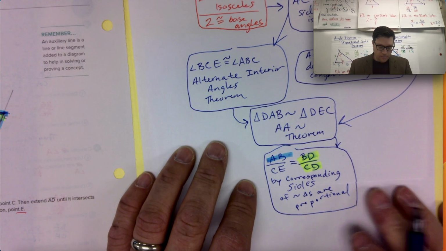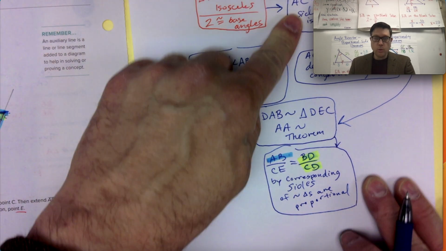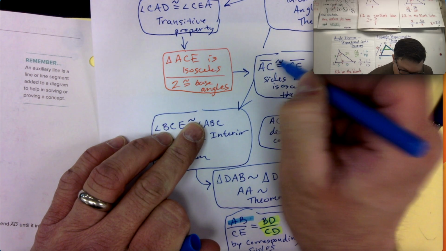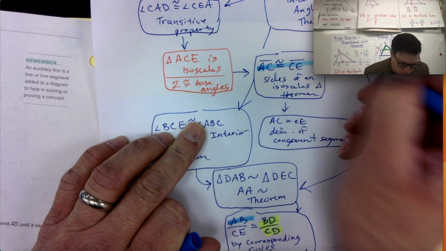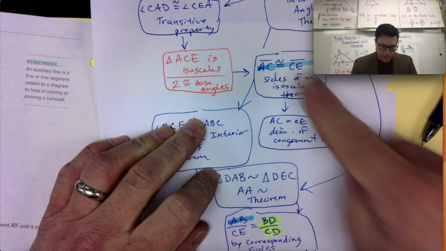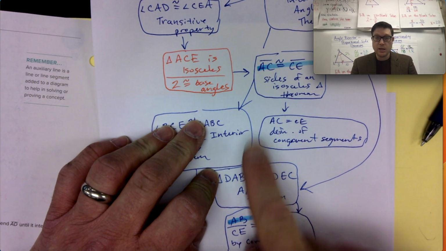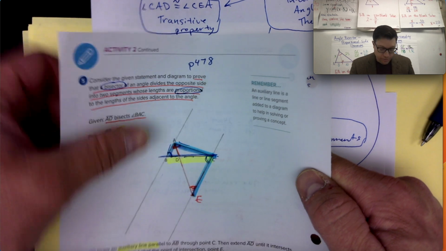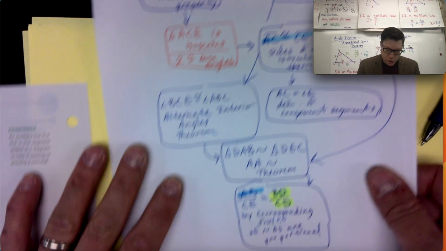Now, last of all, if we remember way back up here that AC and CE were both statements about being blue, then that means that we can substitute CE with AC. That's the bottom of the fraction that we're missing.